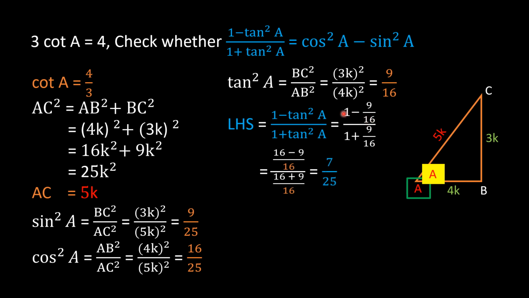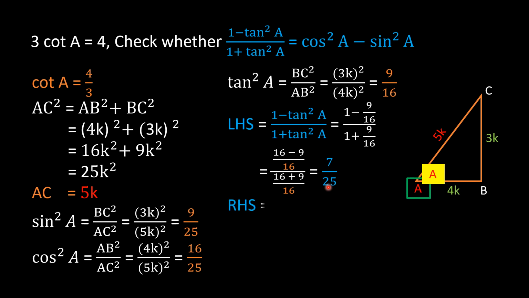So 1 multiplied by 16, that is 16 minus 9 divided by 16, 16 plus 9 divided by 16. 16 gets cancelled and we get 16 minus 9, that is 7. 16 plus 9, that is 25. So LHS is 7 divided by 25.